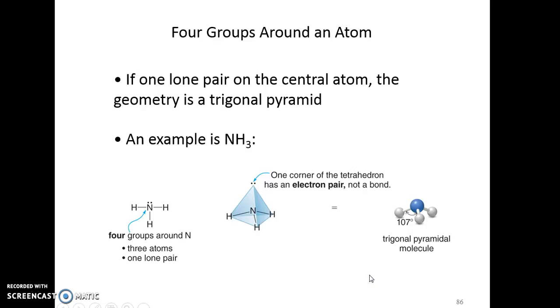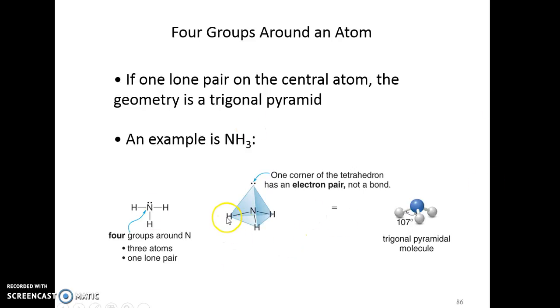You can have 4 groups, but with one of them a non-bonding pair. See, look at this Lewis dot structure. 1, 2, 3, and then the 4th group is a non-bonding pair. It's tetrahedral also. The electrons are tetrahedral about this nitrogen, but one corner of the tetrahedron is a non-bonding pair.